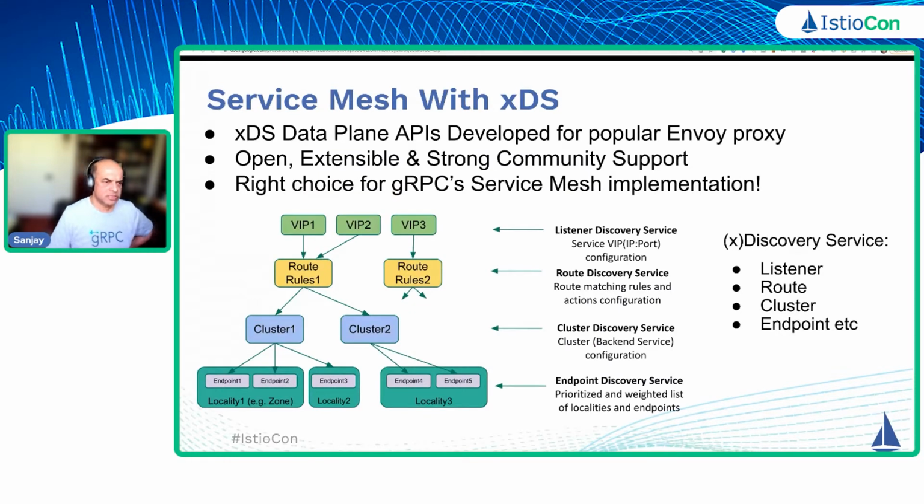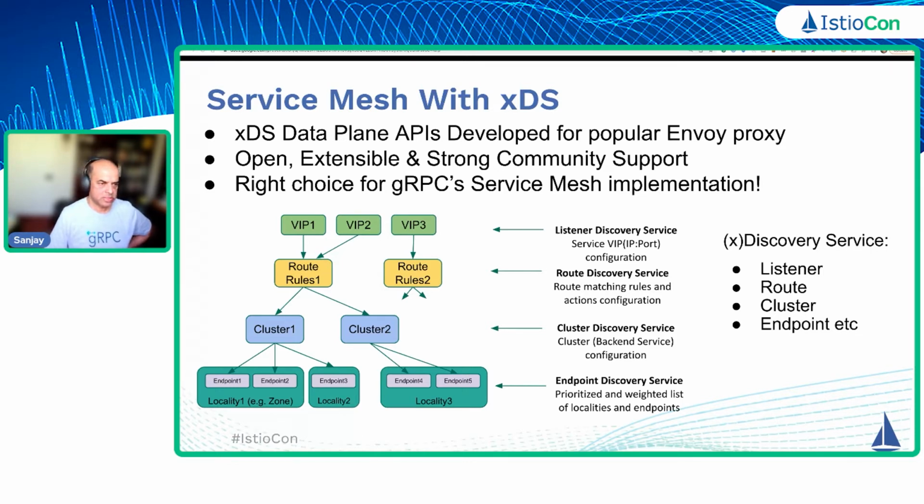At this stage, let's talk a bit about something called XDS. XDS is a protocol for the control plane to talk to data plane elements. Hence, it's called a data plane API. XDS, where X stands for anything like X in algebra stands for any unknown quantity, and DS stands for a discovery service.